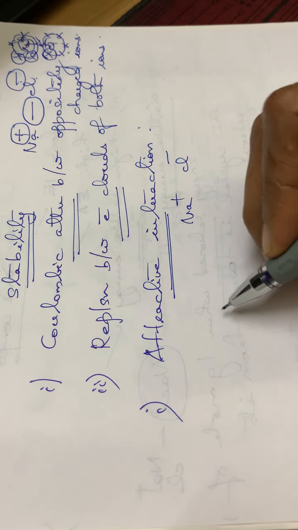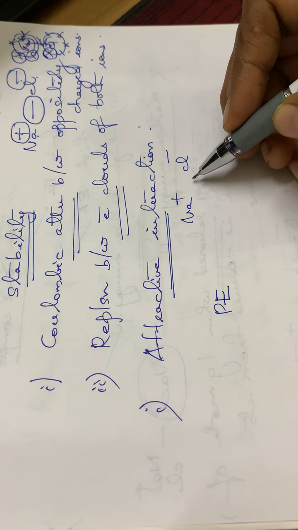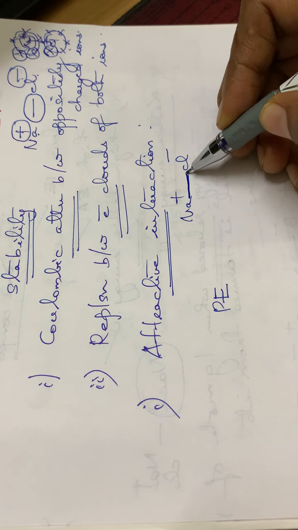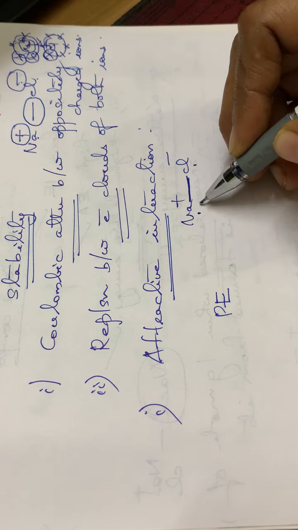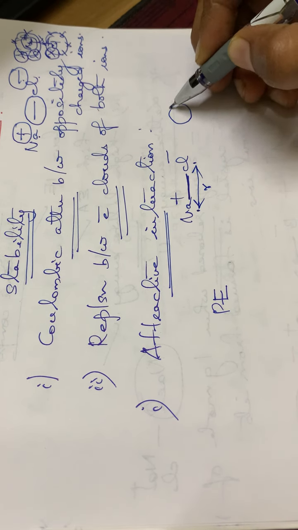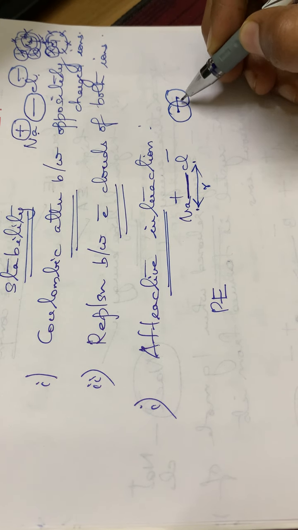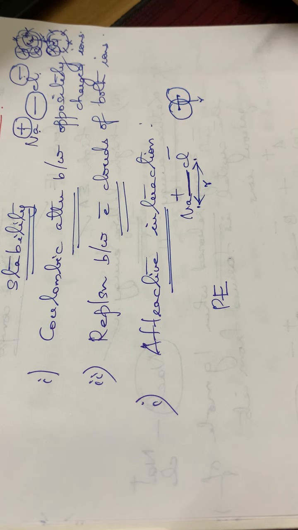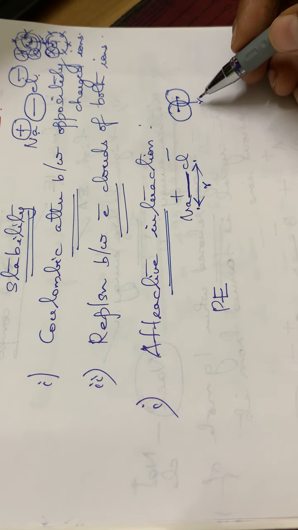Their potential energy will depend upon the internuclear distance. Internuclear distance means the distance between the nucleus of the first atom and the nucleus of the second atom. That gives the internuclear distance R. Suppose this is Na plus and Cl minus, so this will be the internuclear distance R.